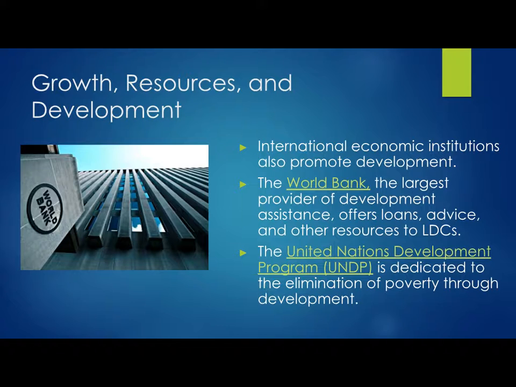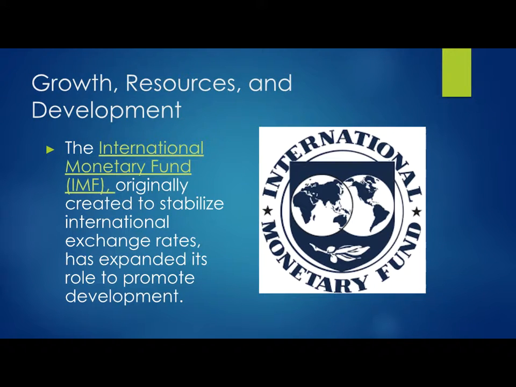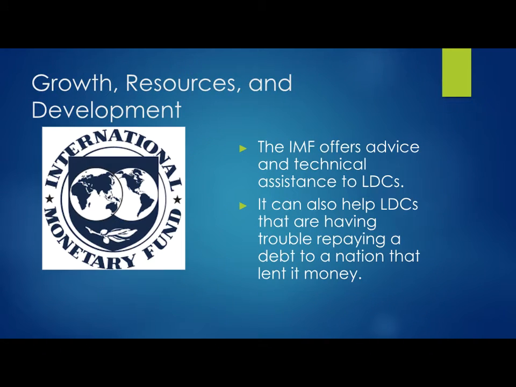International economic institutions also promote development. So the World Bank is the largest provider of development assistance. They offer loans and advice and other resources. The UNDP is also dedicated to eliminating poverty through development, trying to get these countries developed economically. The IMF was originally created to stabilize exchange rates so that countries could trade with each other. It's expanded its role to promote development, to get countries more economically developed.